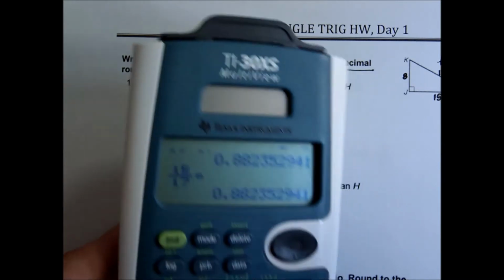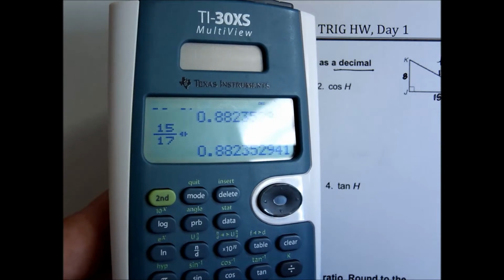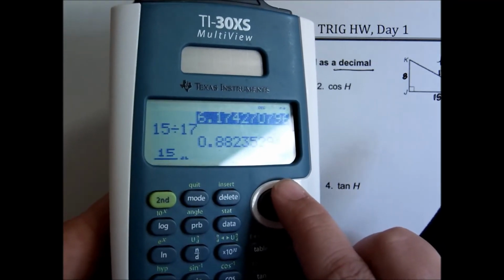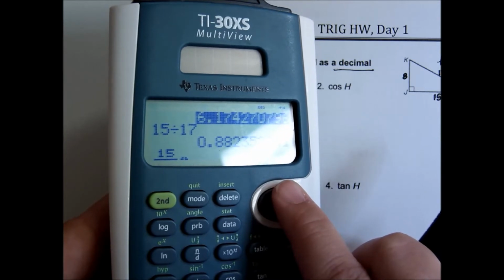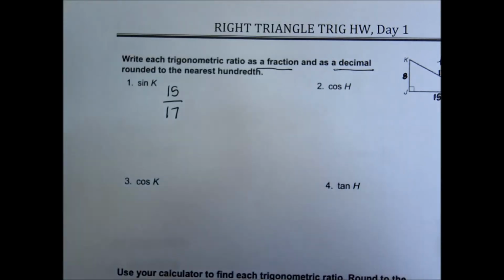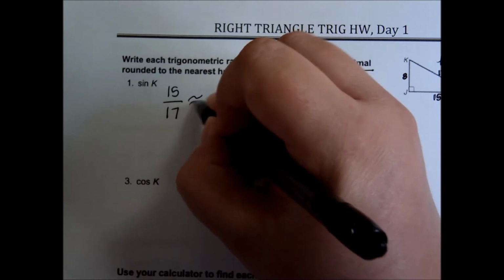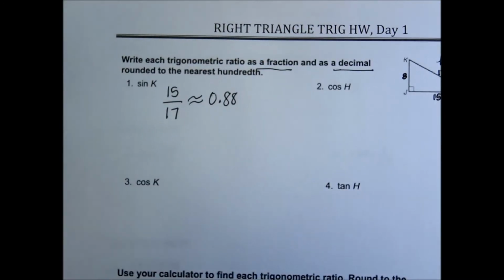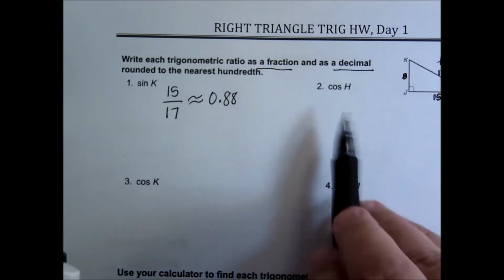You get 0.88 either way. Sorry, I didn't show you. You can either put it in as a fraction or scroll up as division, 15 divided by 17. So either way, you get 0.88, and that's my answer.